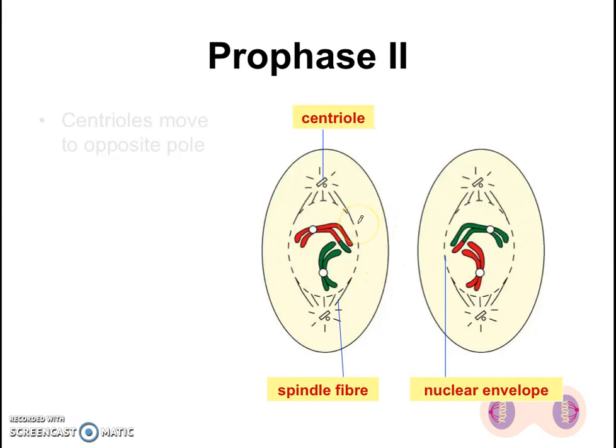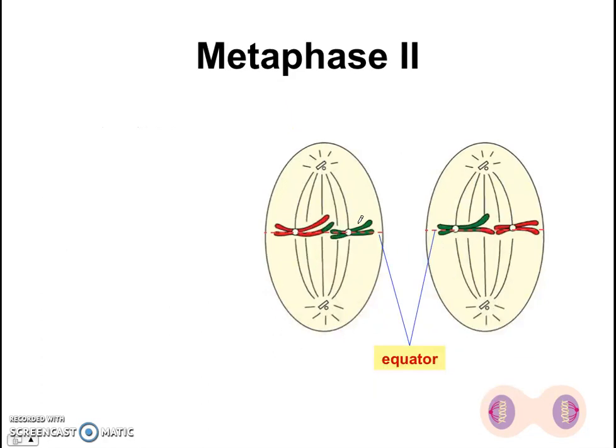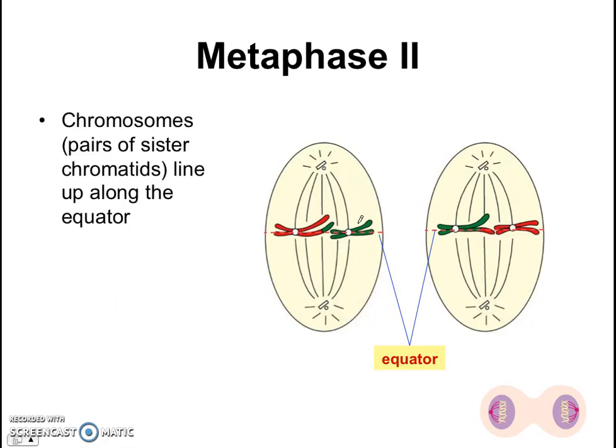So in order to prepare for the next division, we have prophase II. And in prophase II, right, the centrioles move to opposite poles within each daughter cell. The nuclear envelope in each daughter cell breaks down, and the spindle starts to form again to prepare for the next division. And in metaphase II, right, what we see then is that the pairs of sister chromatids will line up along the equator.